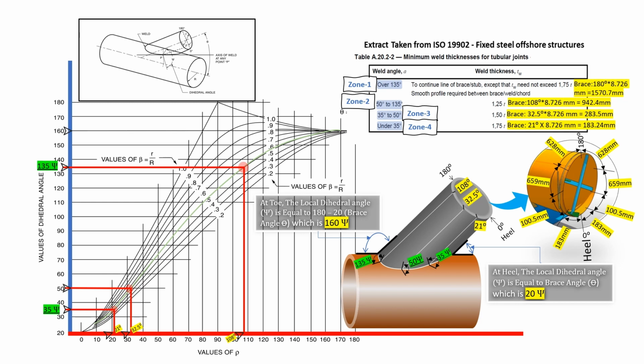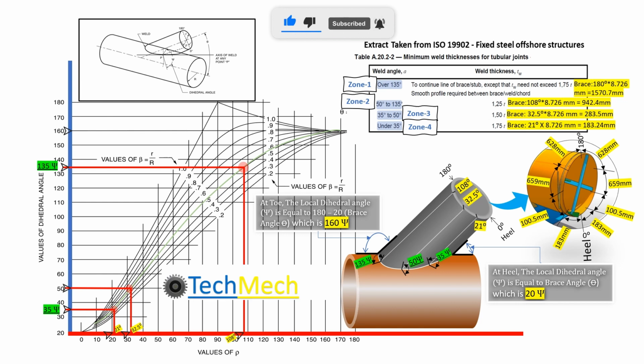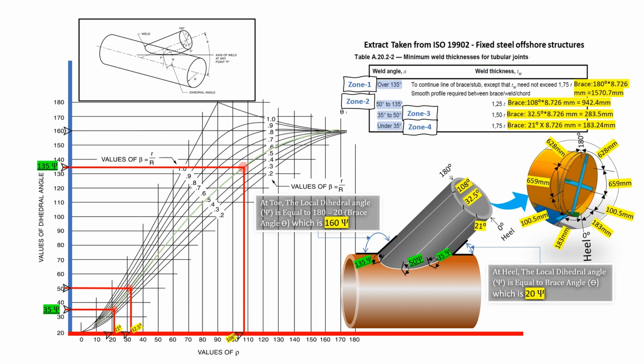The 628 mm from zone 2 on both sides will be zone 1, and the required weld size and weld profile are to continue the line of the brace stub, except that the transition width need not exceed 1.75 times the brace thickness. Additionally, in this zone a smooth profile is required between the brace and the chord weld.